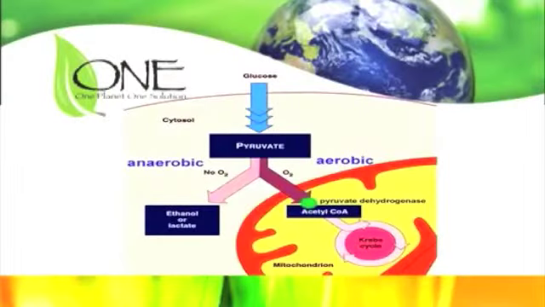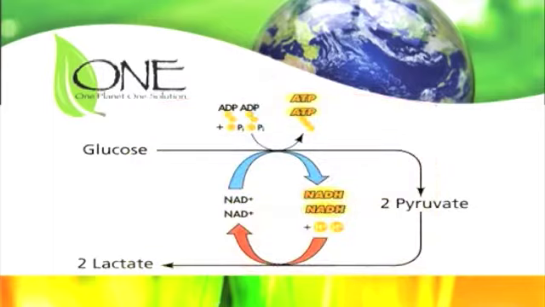Now, let's talk a little bit about how we make energy. This will help us understand one of the components of metabolic waste buildup. You make energy two different ways. Anaerobically, you take one glucose molecule and break it in half and you get 2 pyruvates and 2 ATP, adenosine triphosphates.